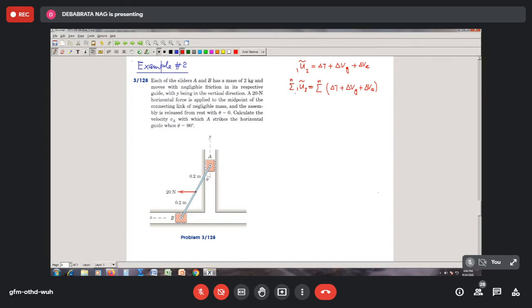For all particles we need to calculate this work done, and for all particles we need to calculate the change in kinetic energy, change in gravitational potential energy, and change in elastic potential energy. So this is actually true for a system of masses or system of particles.